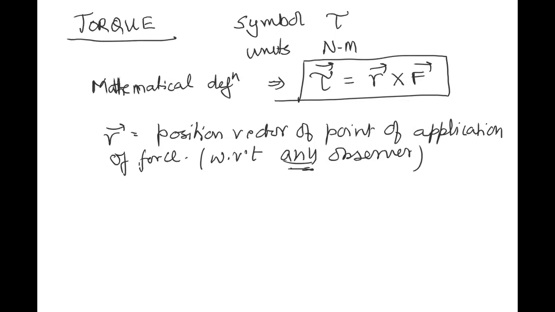Especially when we go into magnetism and magnetic force, you will see that everything is with respect to the observer. In fact, this is why Einstein's theory of relativity was path-breaking. He says that the speed of light is constant with respect to any observer. That is a very path-breaking statement.